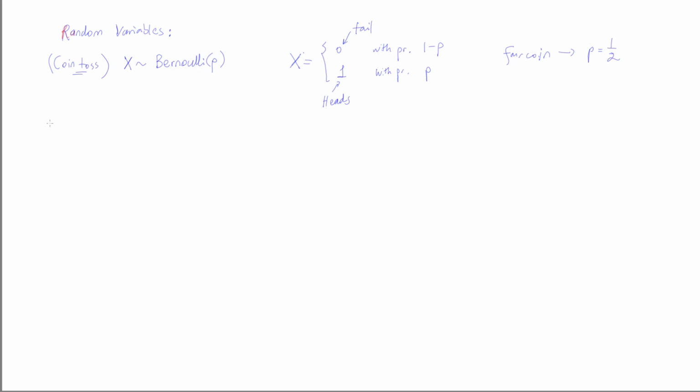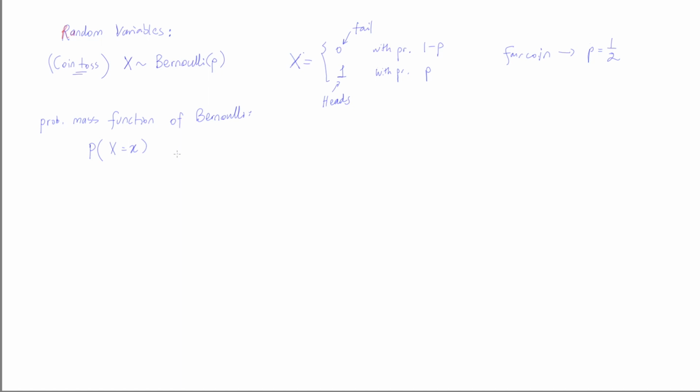So a random variable has a probability mass function, which is just basically the function probability X equals little x, some value.